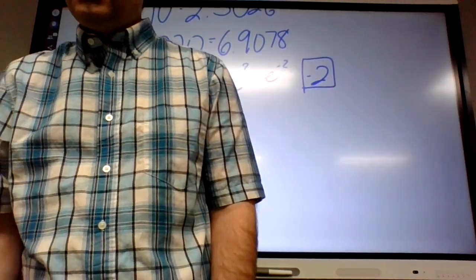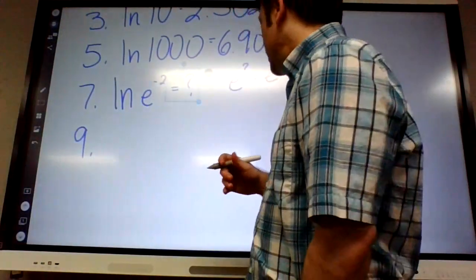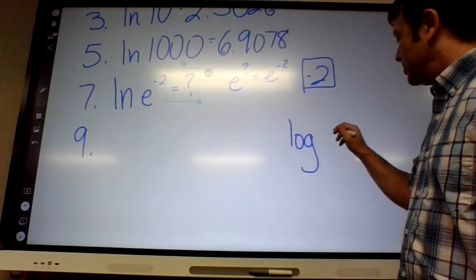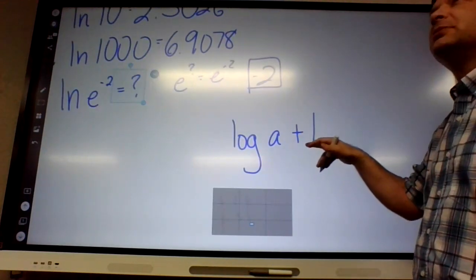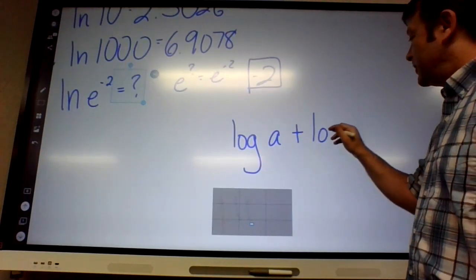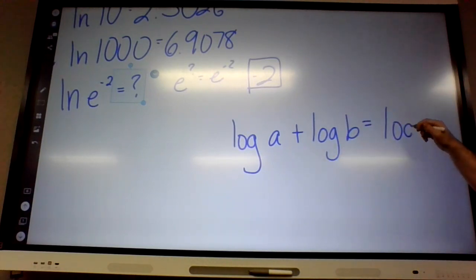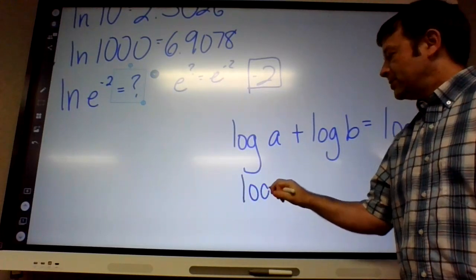Number 9. Write as a single natural logarithm. So, you guys remember the log rules from the other day? This is Monday actually, right? Log of a plus log of b equals? Log of ab. So we combine them. That means a times b, by the way. And what's log of a minus log of b?